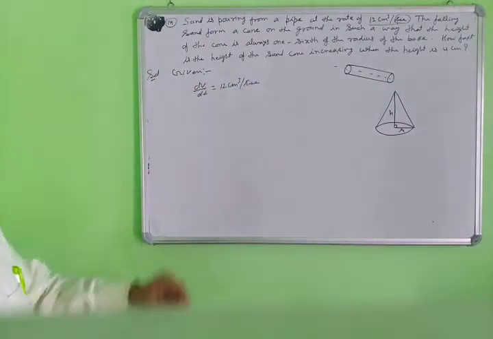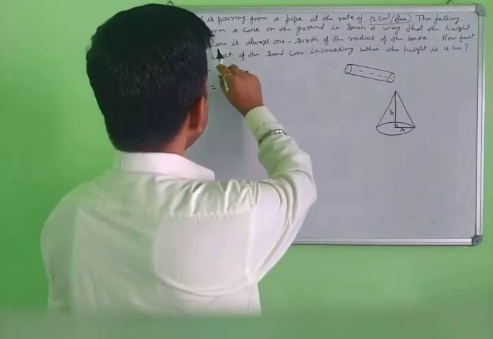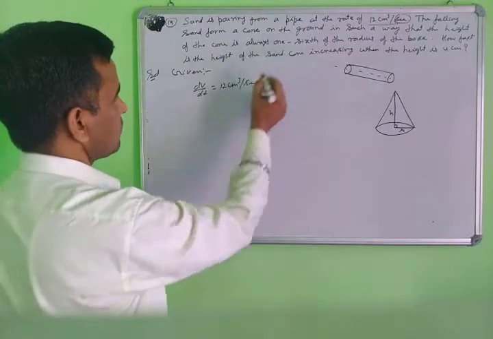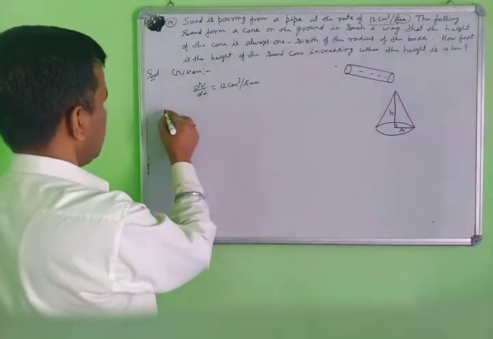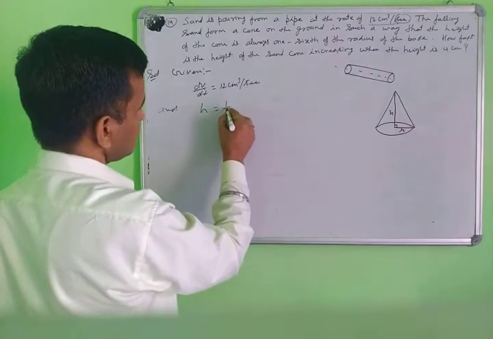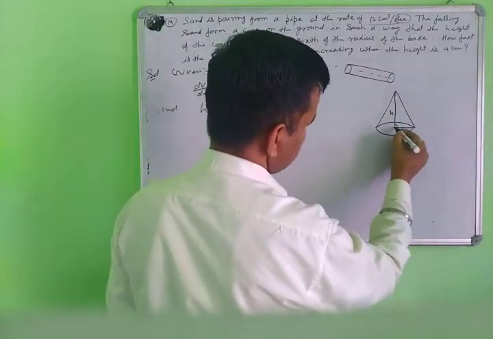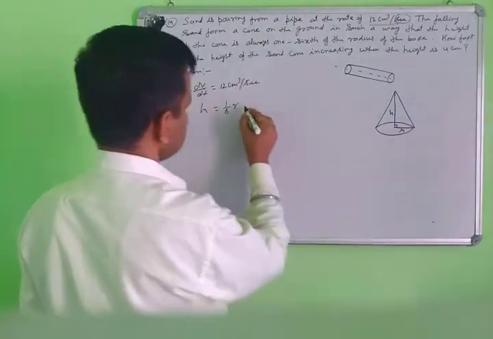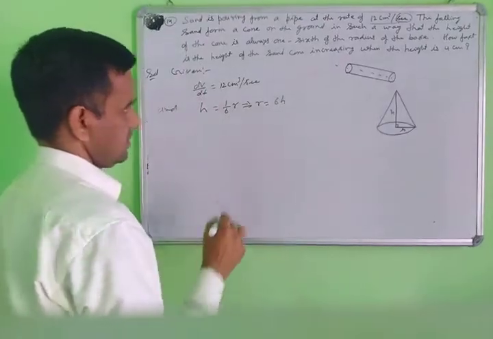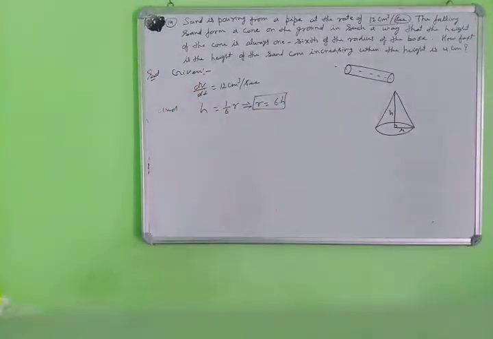Second, the height of the cone is always 1/6 of the radius of the base. This is a circle, and the height is 1/6 of the radius, which means r equals 6h. Two things are given.